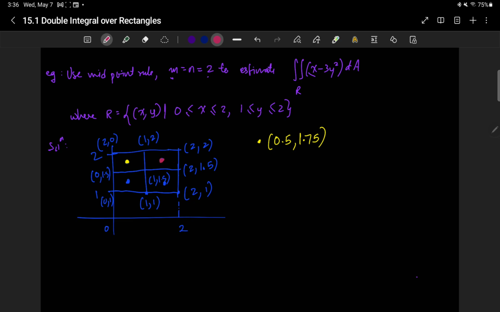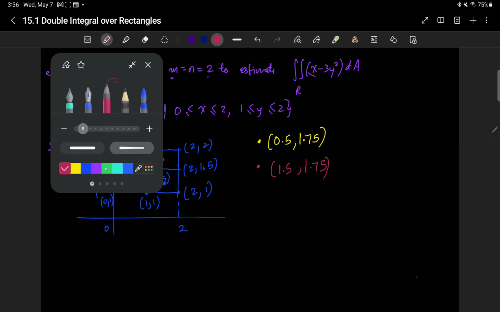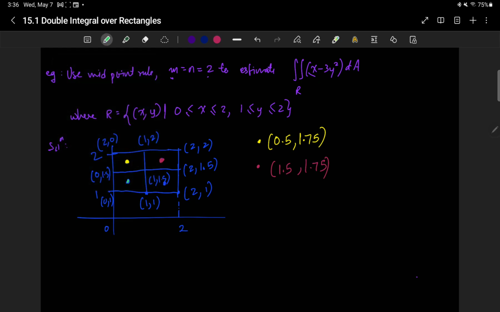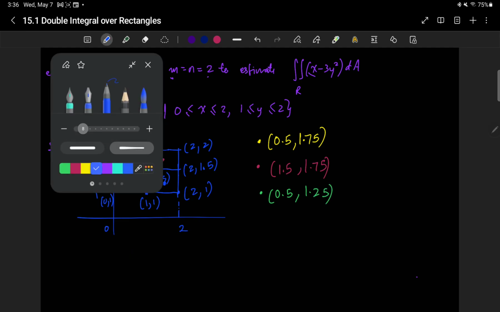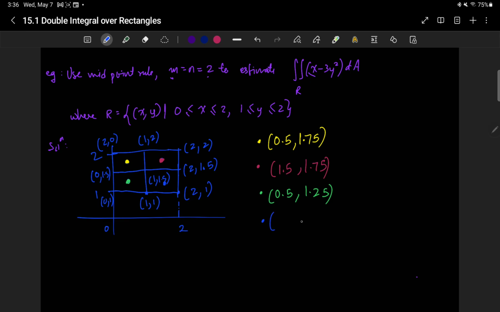Similarly, this one will have the same y coordinate, 1.75, because it's at the same height, but it's 1 ahead, so it's going to be 1.5. Next we have, this will have the same x value, 0.5, but it will be at 1.25. And lastly, let's keep this blue, will be at 1.25, but now shifted to 1.5.